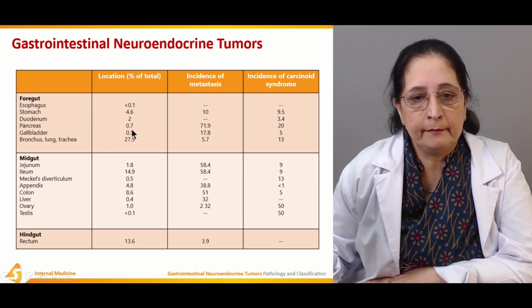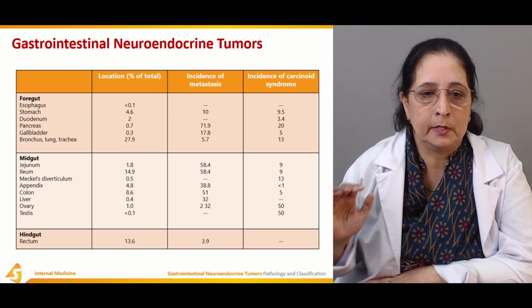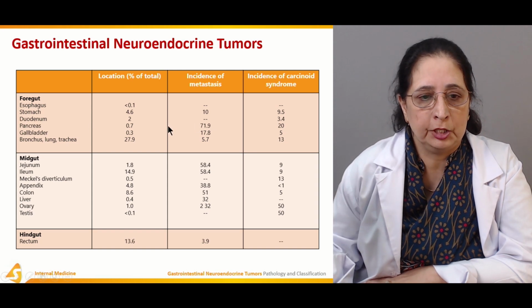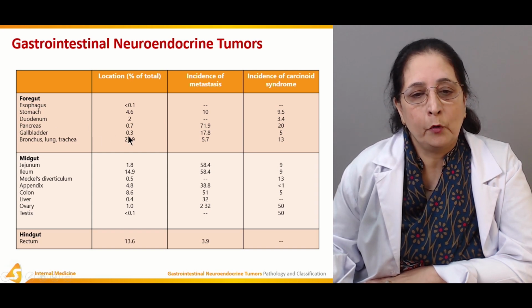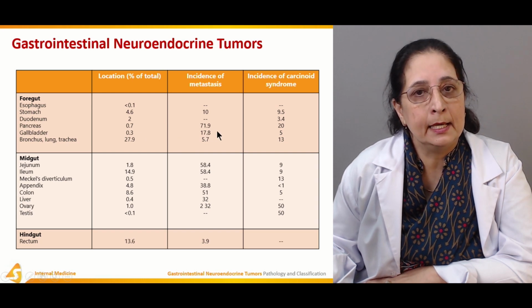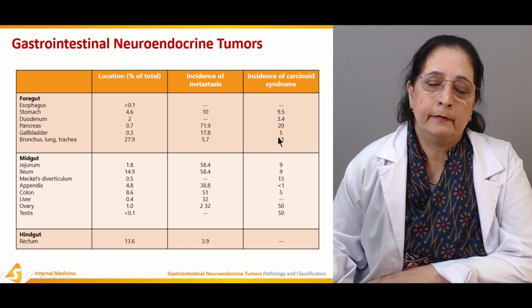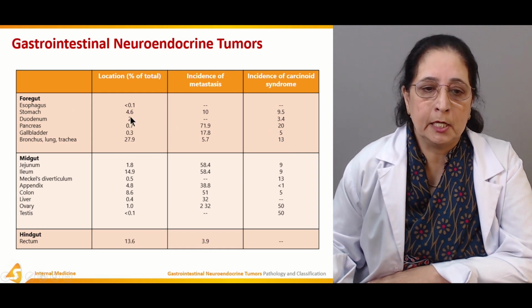Pancreas, 0.7. Metastasis 71.9% and carcinoid syndrome is 20%, so it's a big percentage. Gallbladder 0.3% location, 17.8 is the incidence of metastasis, 5 is the incidence of carcinoid syndrome.